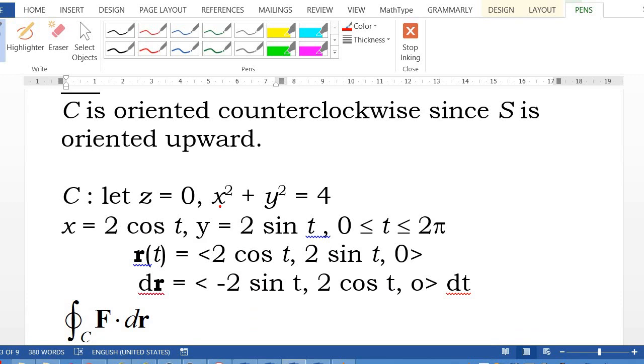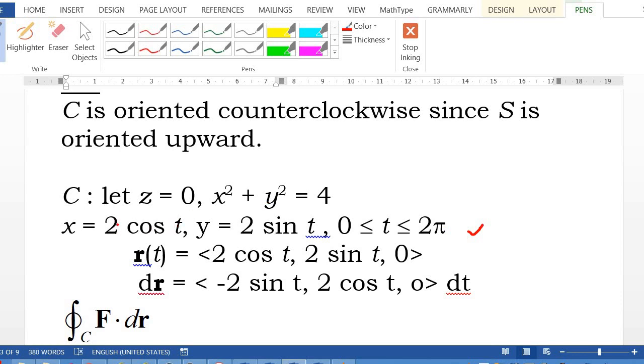Then the parametric equation for the circle is the same as in polar coordinates, where r is 2 and you change theta to t. So x is 2 cos t, y is 2 sin t, and t goes from 0 to 2 pi. In this way, your curve C will be oriented anti-clockwise.